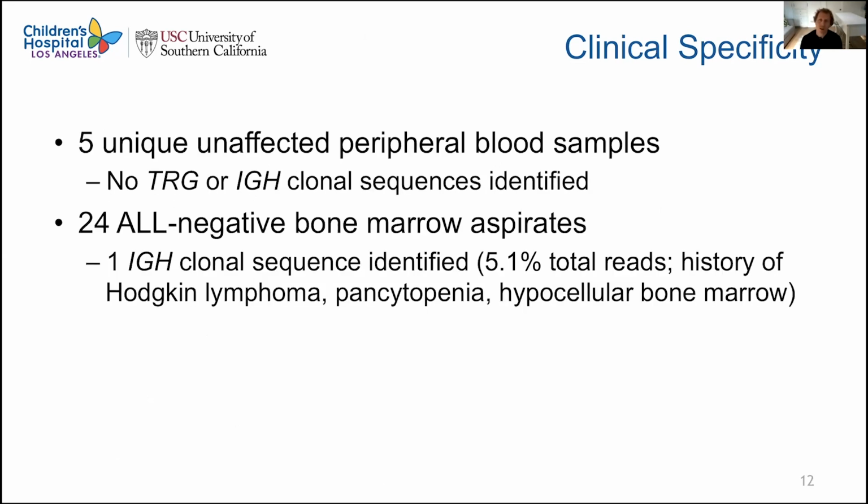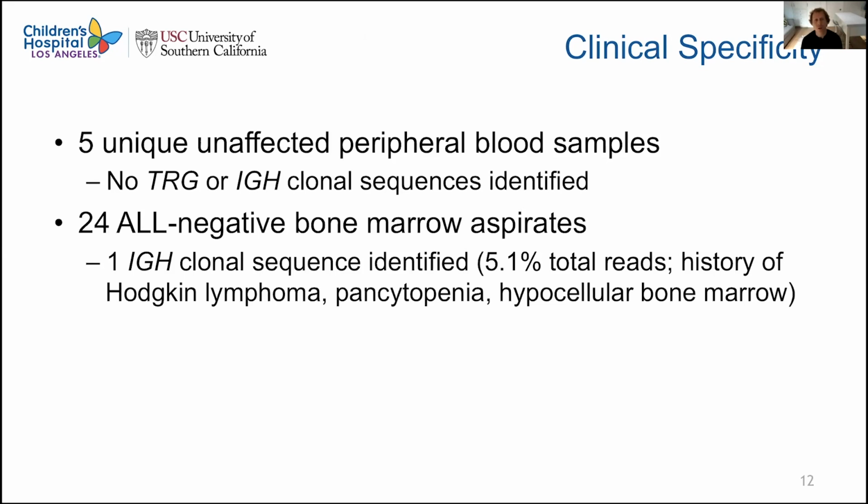We also sought to determine the clinical specificity. So would we identify sequences above the 5% threshold in unaffected samples? So we had 5 unique unaffected peripheral blood samples, and testing them identified no clonal sequences above that threshold. We had 24 ALL negative bone marrow aspirates. These are from individuals with a variety of conditions that had morphologically normal bone marrow evaluations, including individuals with ALL that were in remission.